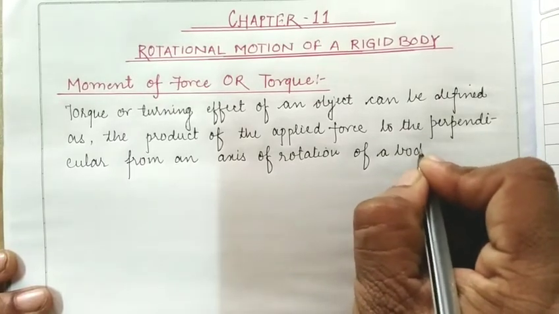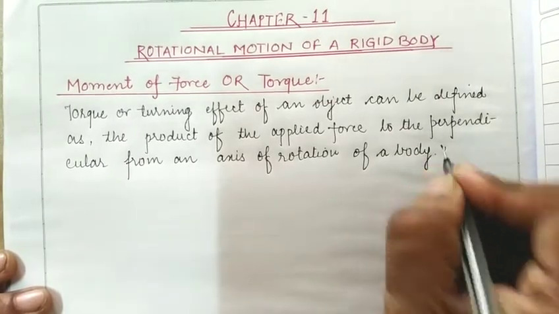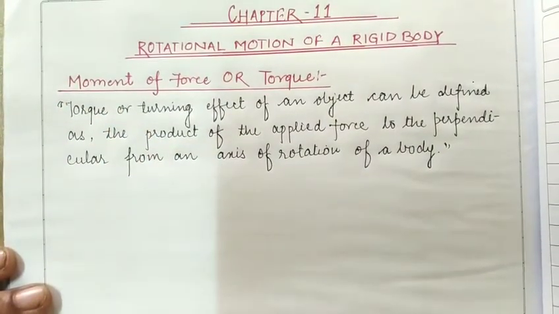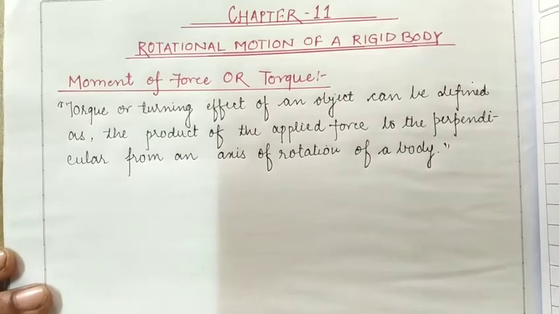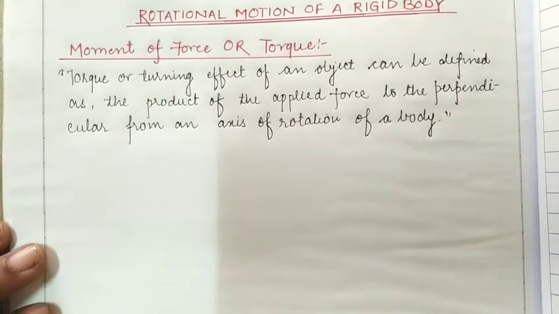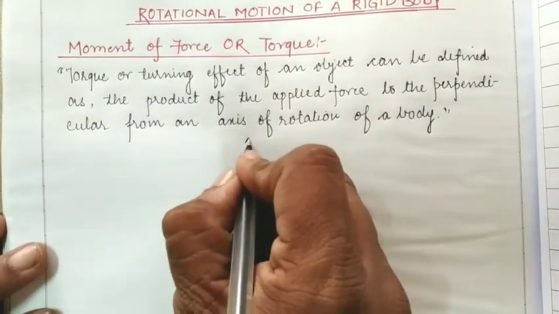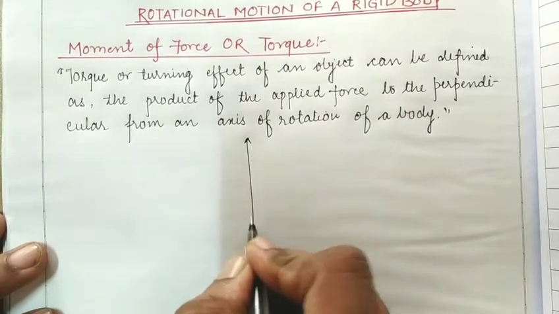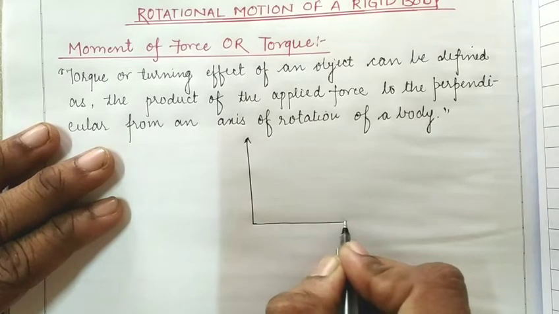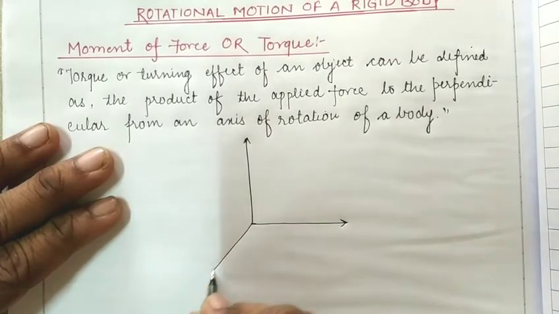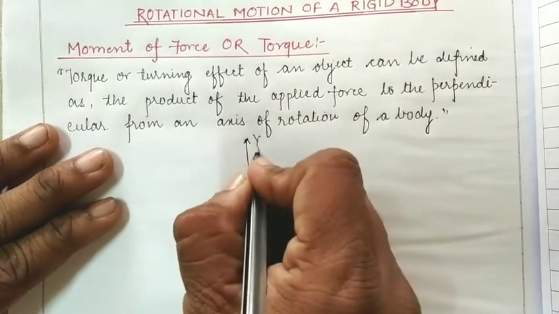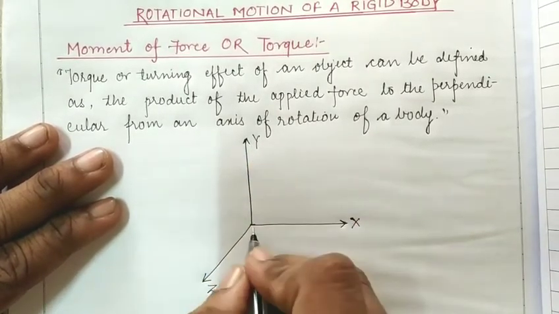Students, in order to understand torque or moment of force, that is the turning effect, let us suppose we have an object in three-dimensional geometry. Here this is the vertical y-axis, this is the x-axis and this is the z-axis, and this is the origin.